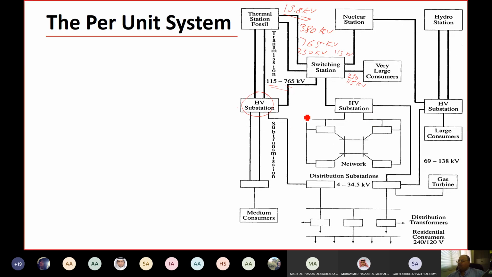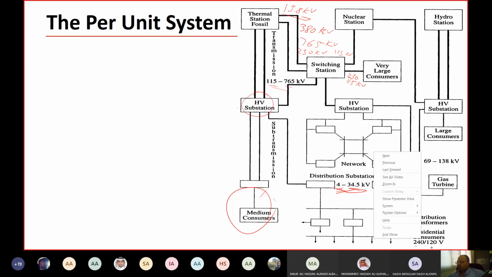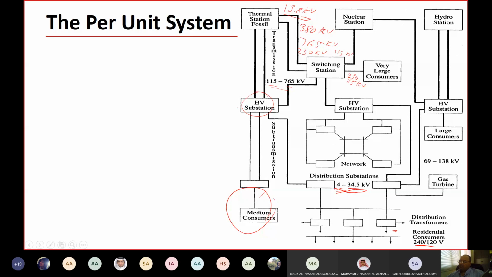And then you decrease the voltage here to maybe 69, and you have other industrial plants connected. By transformers, you can decrease the voltage to 34.5 kilovolt, and you can go down to even 240 volt and 120 volt, and this is your home or the residential area here.